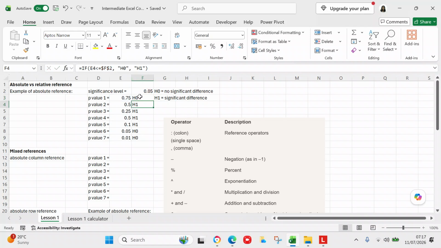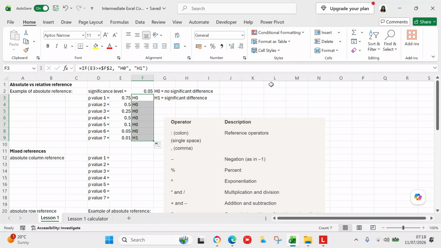So basically that's your formula. If E3 is greater than or equal to F2, which is an absolute reference, then it is H0, which is the null hypothesis, and otherwise it's H1. So we're going to copy this all the way down. So you've got H0, H0, H0.